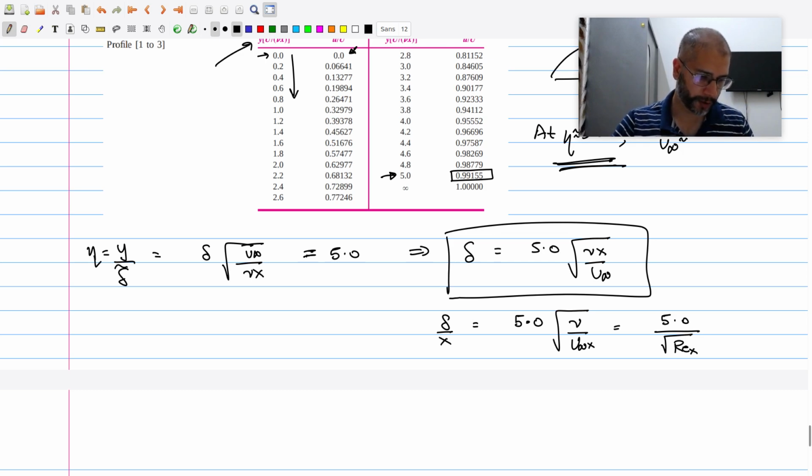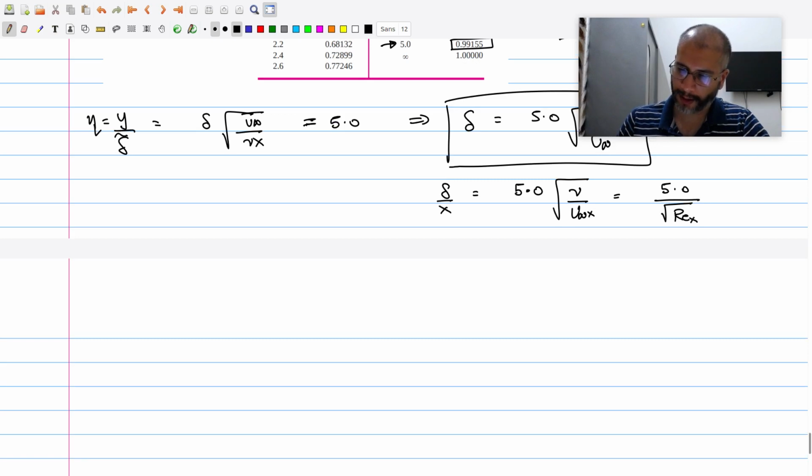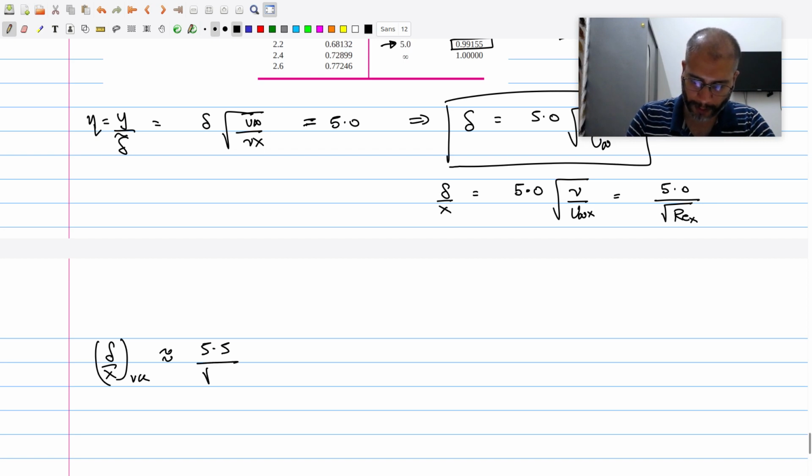Okay, this is obtained by solving the Blasius equations, which were obtained from solving the actual boundary layer equations in the differential form. And what was the expression we obtained from the von Karman analysis? So von Karman delta by x was approximately 5.5 upon square root Re x.